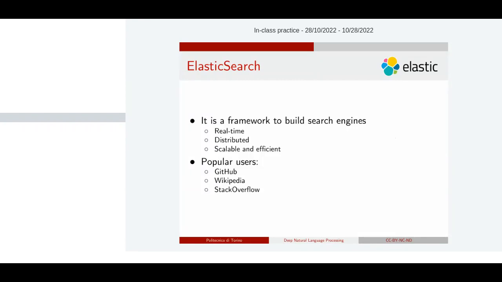It's distributed, which means that if you have multiple servers, you can run Elasticsearch in a distributed manner by exploiting the computation of different servers. It's scalable and very efficient for building search engines. Some of the users are GitHub, Wikipedia, and Stack Overflow.